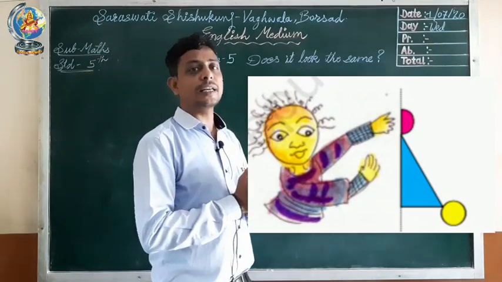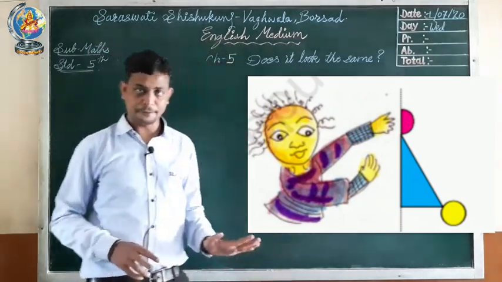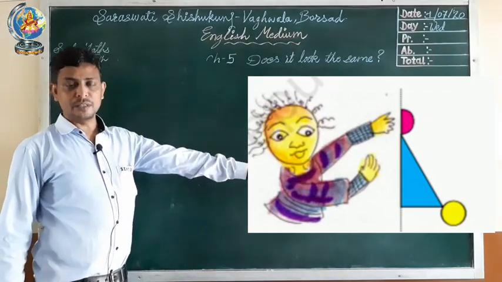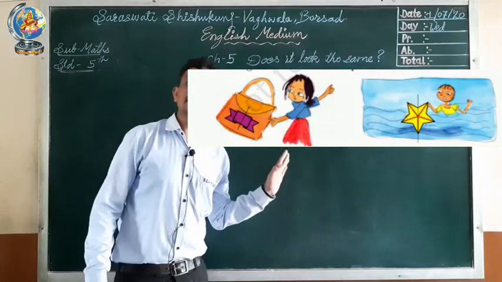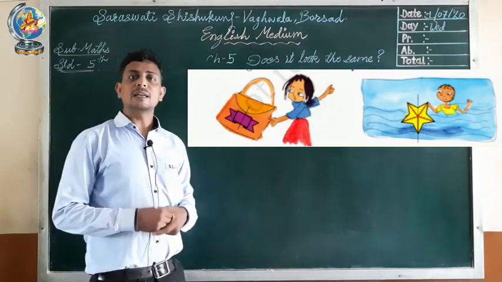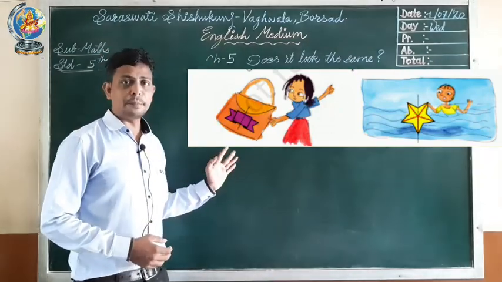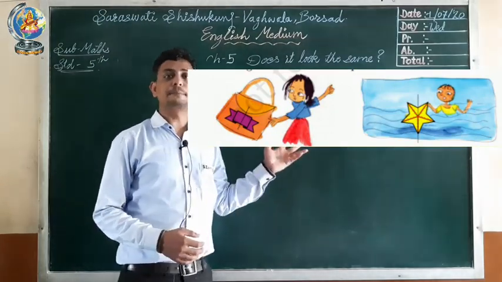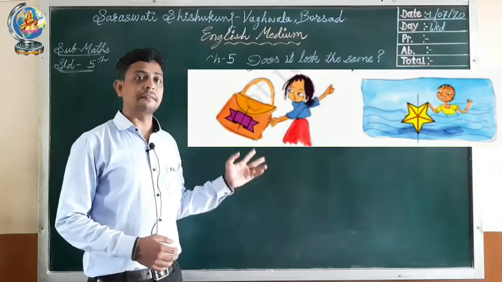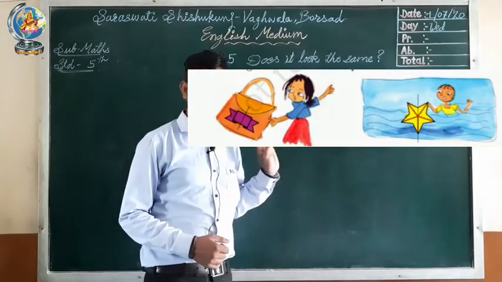So they are equal halves. You can see in the picture. Now in these two pictures also you can see and compare. If you compare, you can find that both the shapes have equal halves.